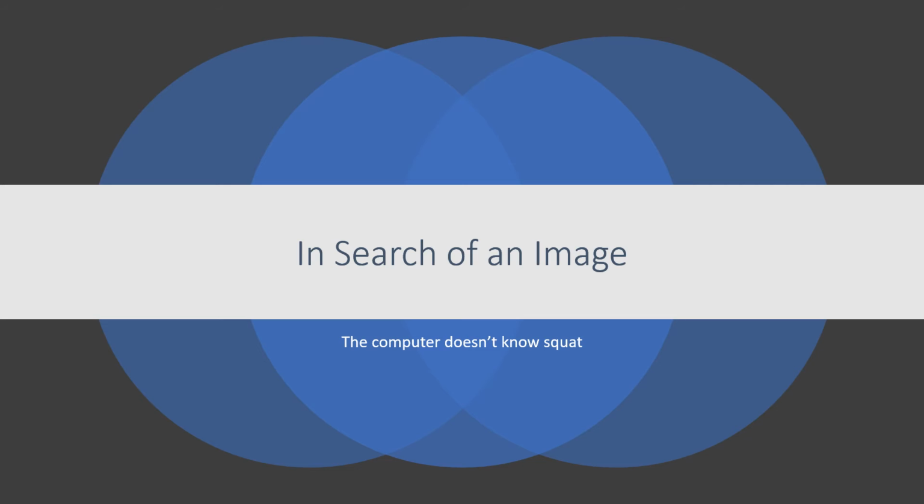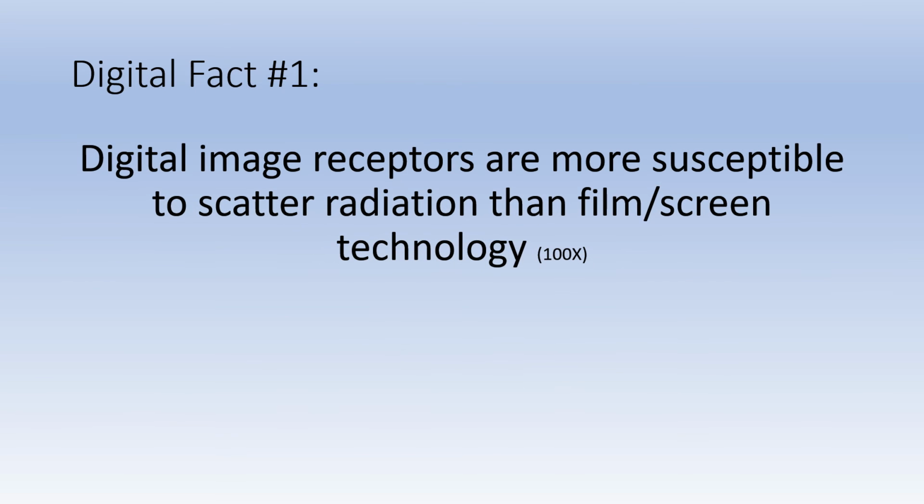Finally, how does the computer find an image to affect reprocessing and image correction? Digital image receptors, both DR and CR, are about 100 times more sensitive to radiation than film screen systems. Leave a charged CR plate out overnight and the background radiation will fog it.